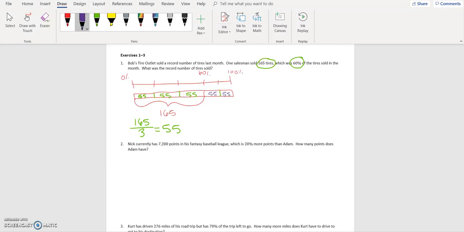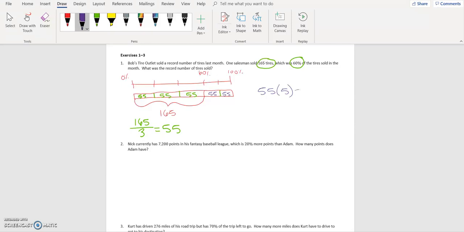Okay. We want to know the whole amount. And so that means we're going to take all of the parts, 55, and we're going to 1, 2, 3, 4, 5. We're going to multiply times 5. If I only wanted to know what was left, I would do it 55 times 2 or 55 plus 55.